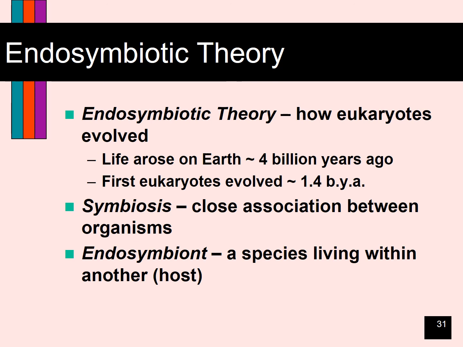That would definitely benefit the larger organism. And the smaller organism may have been benefited by the larger organism in that food was provided to it or some type of protection was provided to it. So that would be how that endosymbiotic relationship evolved. Eventually, that smaller prokaryote became the organelle of the larger prokaryote, which altogether evolved into the eukaryotic cell.